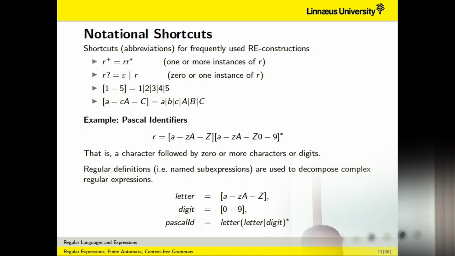But in some books and in some online texts, you find other constructs like plus, and the plus means once or more. So if you want to have some symbol that should come at least once, you can also achieve it even if you don't have a plus. You can write it like this with the star.